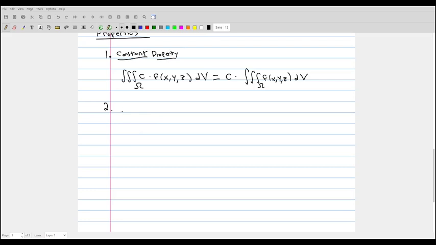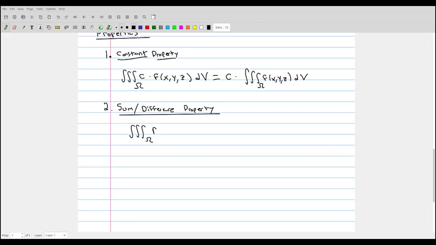The next property is called the sum difference property. And again, all of these properties are very, very similar to their double integral and single integral counterparts.